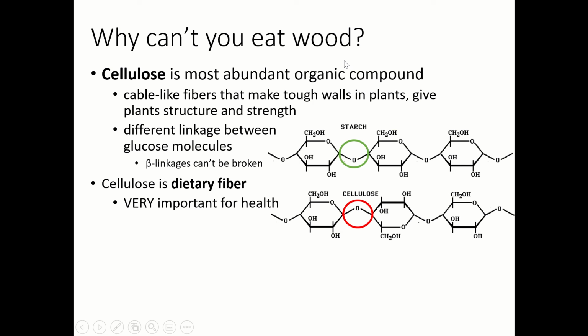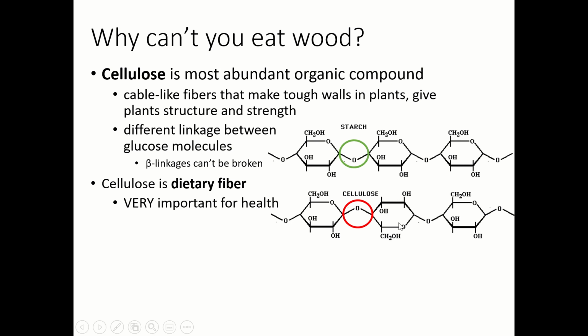How do they survive on wood? Here's the thing. A termite doesn't break down the cellulose. The termite has protists inside its guts that break down the cellulose for them. How cool is that?